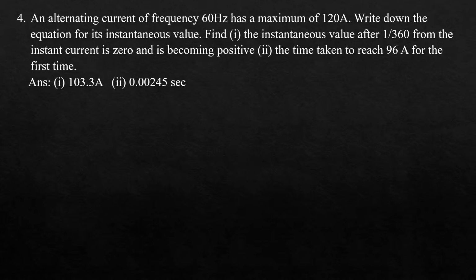So firstly, we'll find out the instantaneous current value at t equal to 1 by 360 seconds from the instant when the current is equal to positive. So i of 1 by 360 is equal to 120 into sine of 120 pi into 1 by 360 into 180 by pi degrees, right?